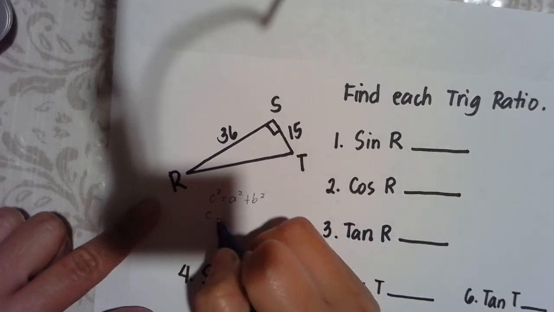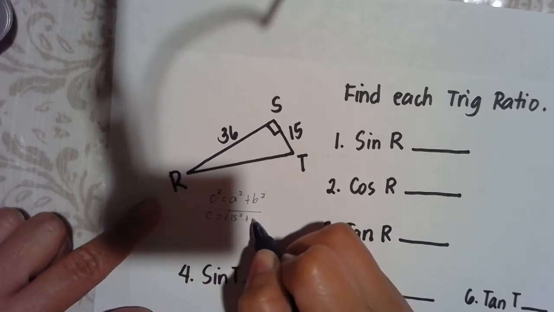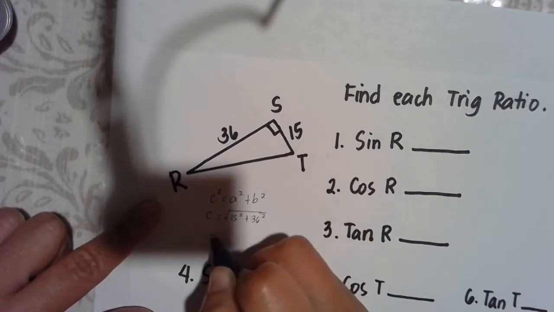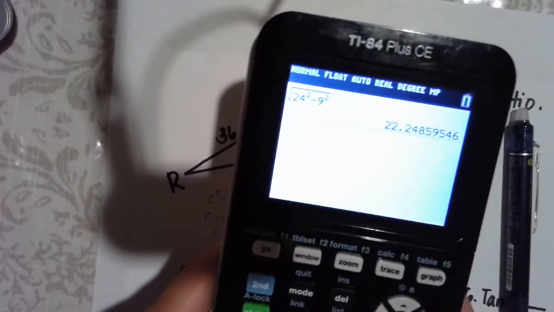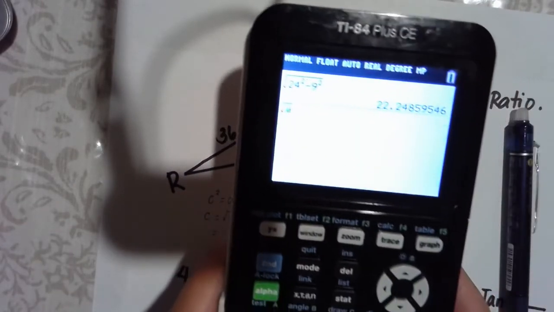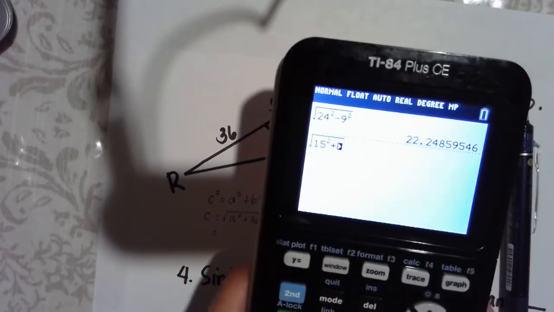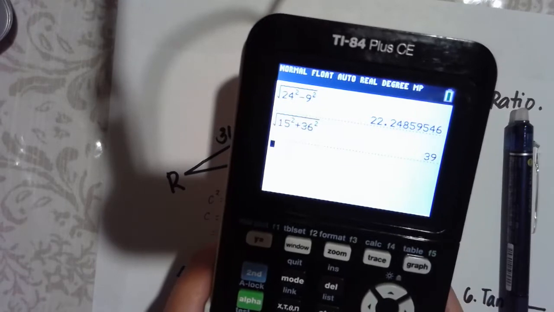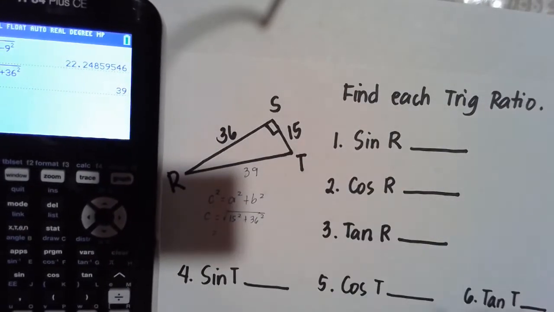Plug in a is 15 and b is 36: the square root of 15 squared plus 36 squared is equal to 39. So this side right here is 39.